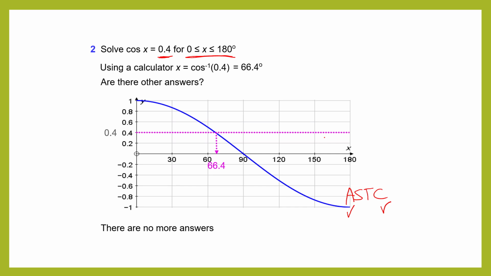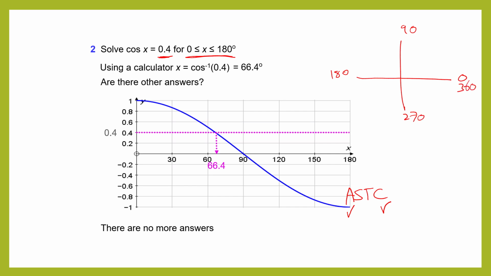So if I want to do it algebraically with the asterisk rule, as I mentioned here, since cosine is positive, it's in the first quadrant and the fourth quadrant, but the range doesn't allow you. The range here allows you only to work in the first and second quadrants. From 0 to 90, then 180, 270, then 360.